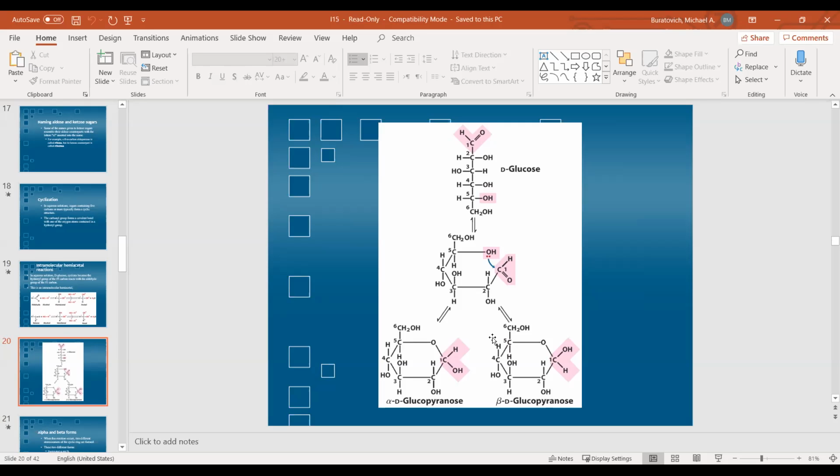The oxygen is part of the ring. This is not a planar structure, not by a long shot. And there are two forms. There's an alpha and a beta form. We'll get into the geometry of this when we come back on Monday.